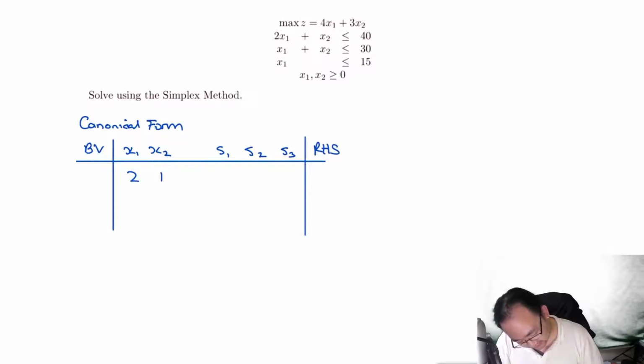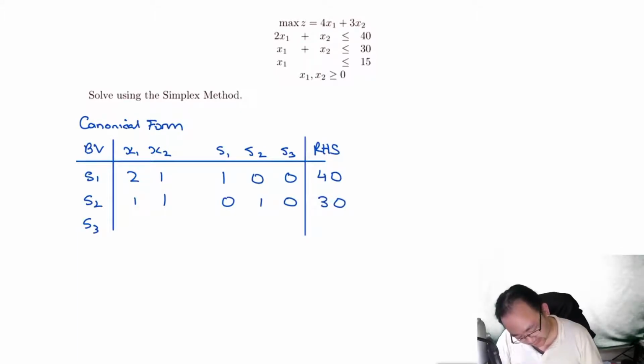And then it's gonna be 1 for s1, and 40 on the right hand side. The basic variables are s1, s2, s3. Then the next row is 1, 1, and then 0. Sorry, I should put zeros there. Then it's gonna be 30. S3 is gonna be 1 there, 0, 0, 0, 1, 15.